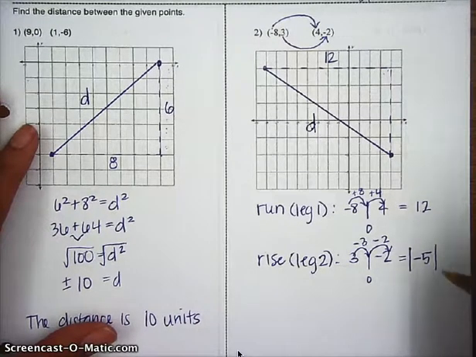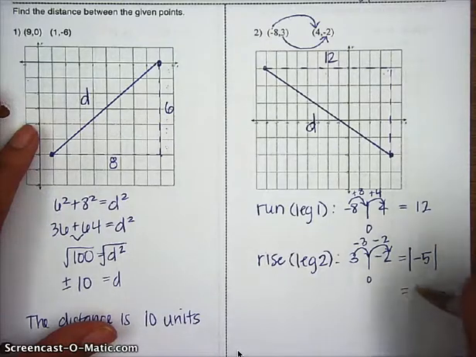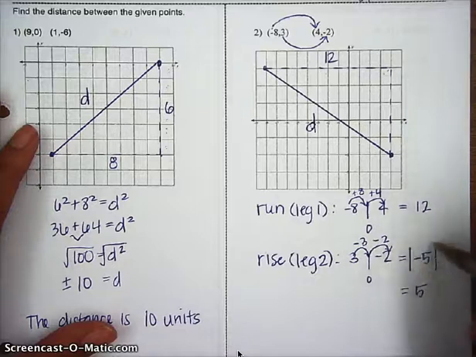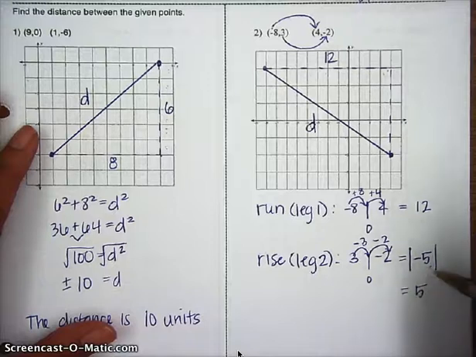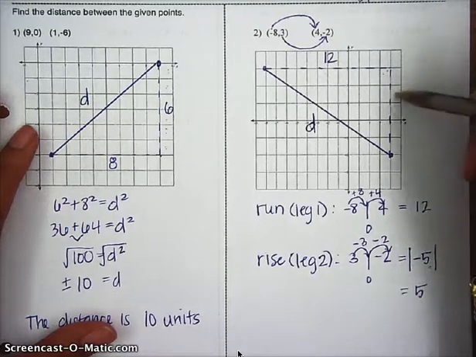So notice here, I'm going to say the distance from -5 to 0 is 5. Why? Because again, distance can't be negative. So that's the reason why I took the absolute value. But basically what you need to understand is there is no such thing as negative distance. So now I have 5. Let me check with my diagram if that matches. 1, 2, 3, 4, 5, and guess what? It does.